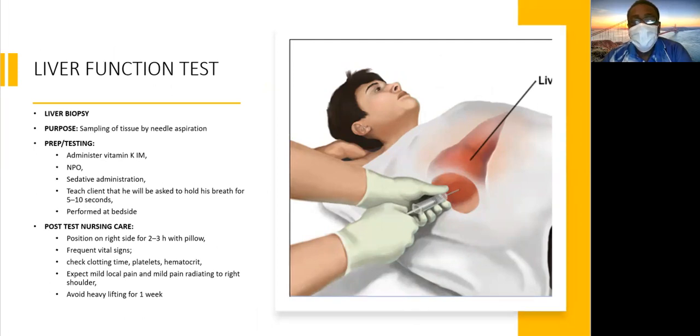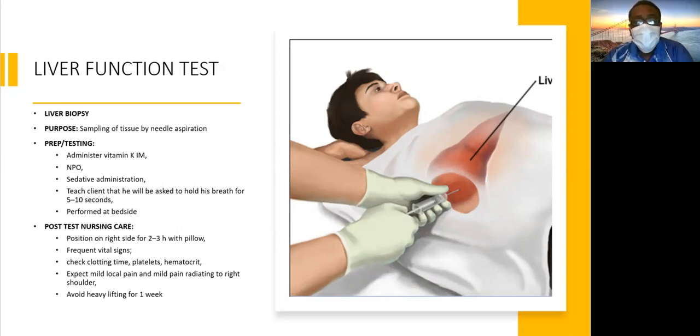Again, the client is kept nil per oral the morning of the exam, for at least up to maybe 6 hours. A sedative could be given just before the exam to keep him calm. Also need to teach the client that he'll be asked to hold his breath for 5 to 10 seconds. This procedure can be performed at the bedside, in supine position, or lateral with the upper arms elevated.